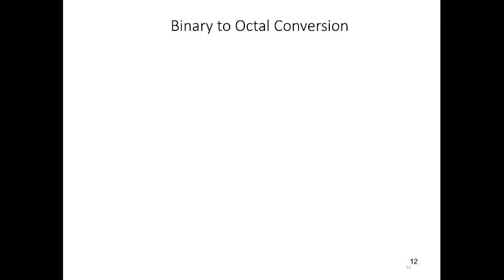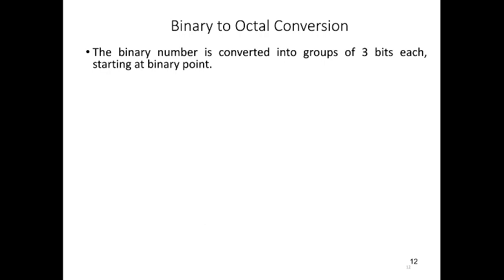Now I want to convert from binary to octal. Even this is quite easy. First, you need to know that for octal you should always consider 3 binary bits. They have given that the binary number is converted into groups of 3 bits, each starting at the binary point.